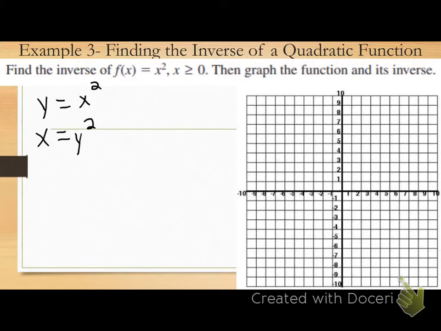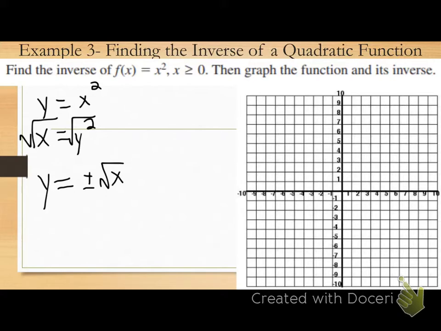What do I solve for? Not x. Solve for y. Got to get y by itself now. So how would I get y by itself? Square root both sides. So y equals plus or minus square root of x. Remember, we got to account for the positive and the negative value when we take a square root.